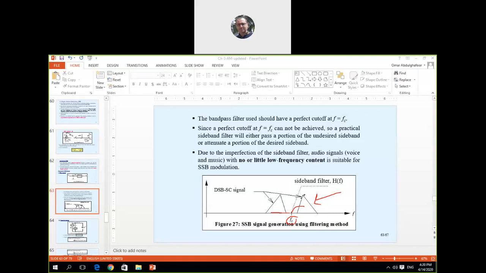We cannot design an ideal filter, so in a certain sense this will be impossible to adopt.